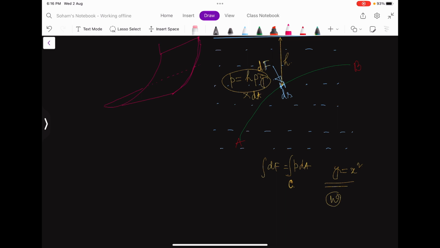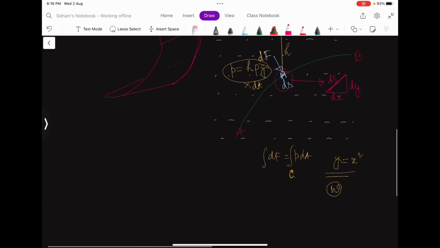Then that ds actually, if I exaggerate the ds part, it can be approximated by a straight line, and the components of that straight line should be dx and dy, right?